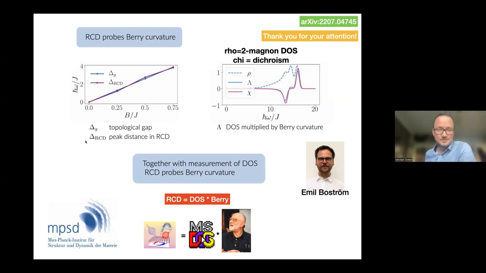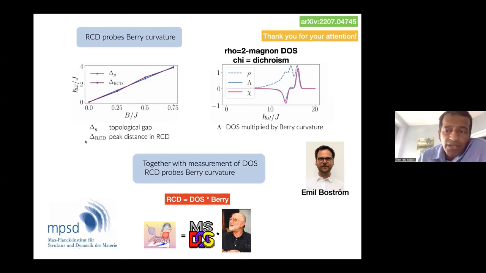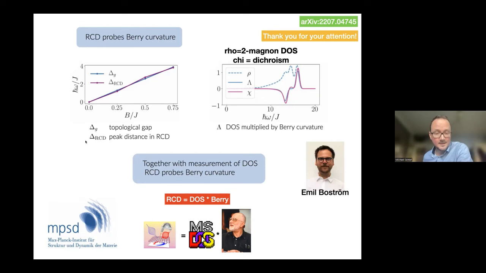Question here from Darshan Joshi. So can you distinguish the case where the total Chern number is 0, but the Berry curvatures have opposite signs, maybe at the two Dirac crossings? Maybe that might be much harder, right?